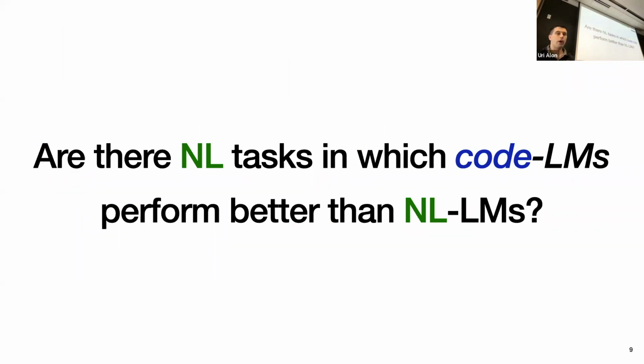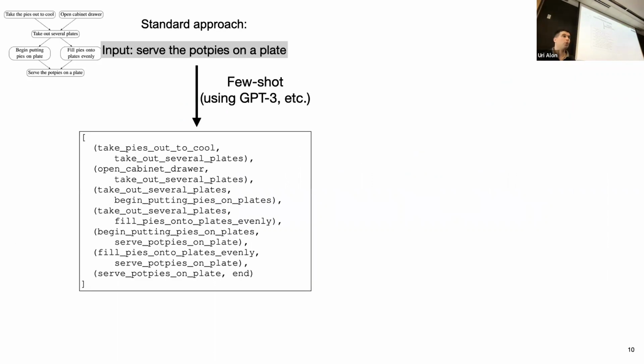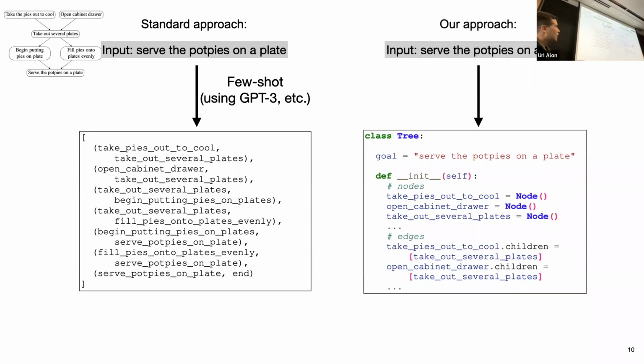So back to our question of whether there are natural language tasks in which code LLMs perform better than natural language LLMs, we found that the answer is yes, if you convert the natural language task into pseudo-Python. So instead of representing the output graph as this flattened format of a list of edges, we convert the graph into this pseudo-Python format.